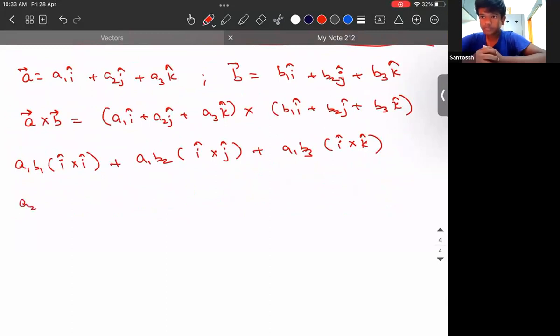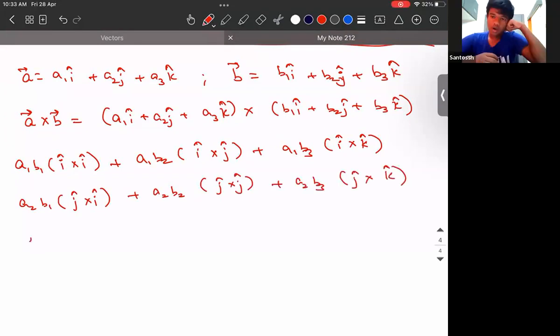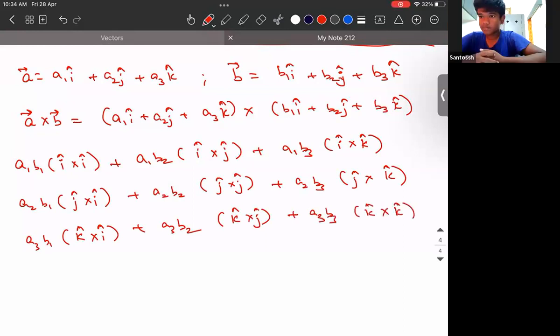Similarly, A2 B1 into J cap cross I cap plus A2 B2 into J cap cross J cap plus A2 B3 into J cap cross K cap. Then I'll have A3 B1 into K cap cross I cap plus A3 B2 into K cap cross J cap plus A3 B3 into K cap cross K cap.